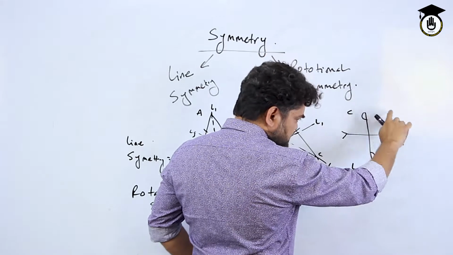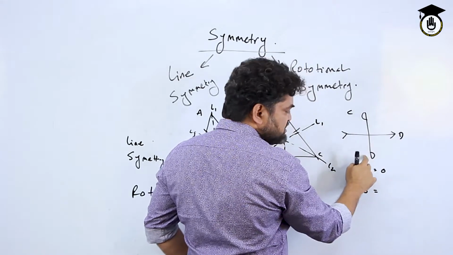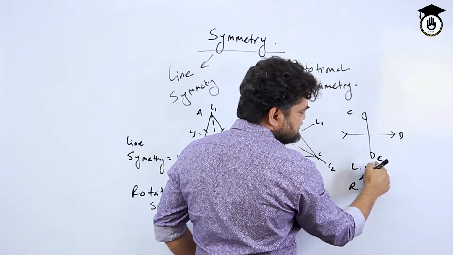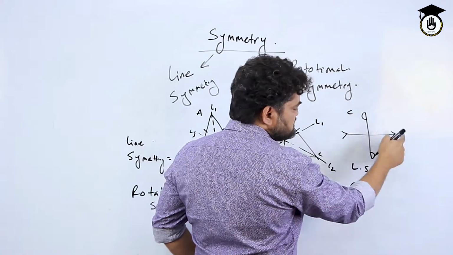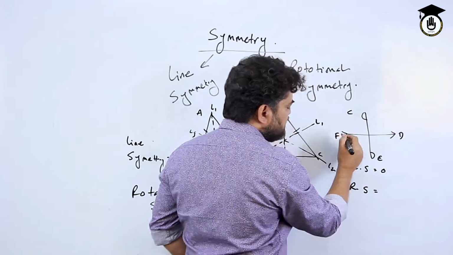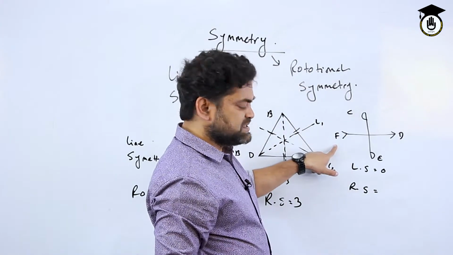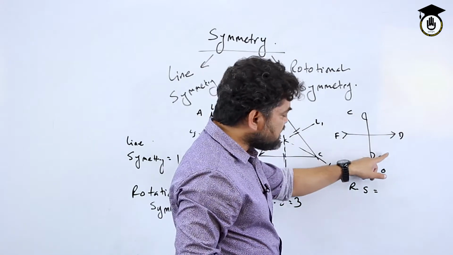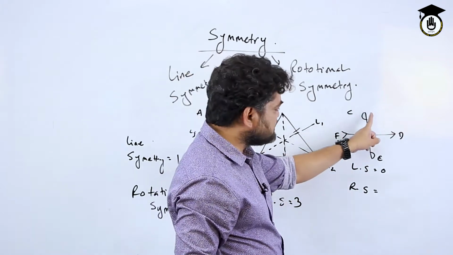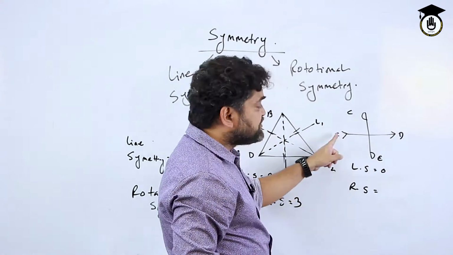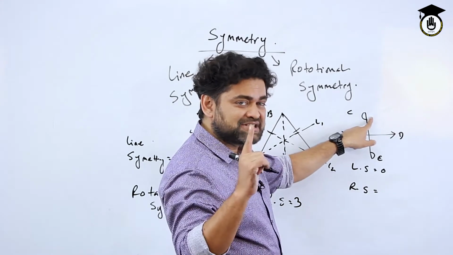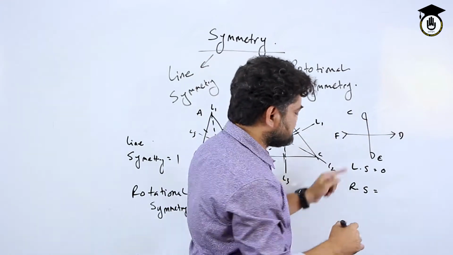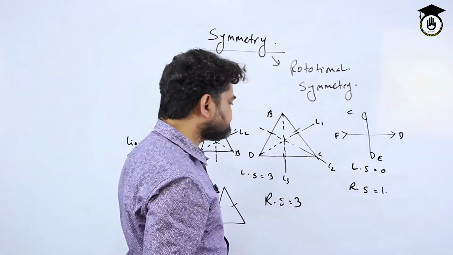And if you rotate this one to here, it's also not coming the same way as E. When it comes to E, it's not the same way, C and D. And if I name it F, it is also a different shape, isn't it? So rotational symmetry, when it comes to its original shape, when C rotates 360 degrees and comes back to C, there is only one rotation here. So rotational symmetry will be 1.